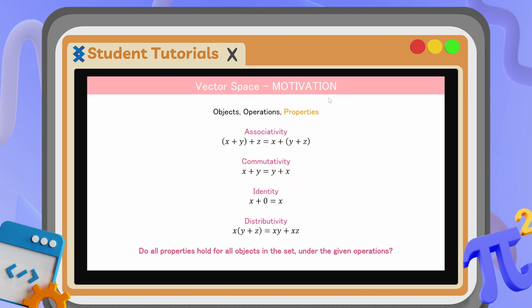And for vector spaces, we want to consider the question, do all the properties hold for all objects in the set under the given operations? And these properties that we will see later, there are 10 of them, and we would have to investigate each and every one of the properties with respect to the operations and objects in the set to consider something as a vector space.